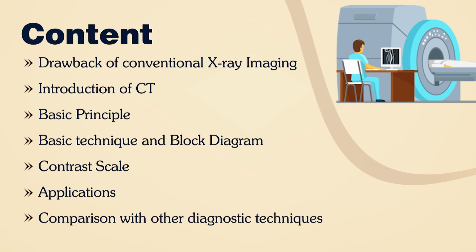Then I will talk about contrast scale used in creating CT images. We will also talk about applications of CT. Finally, I will compare CT imaging system with other imaging systems like MRI and ultrasound imaging system.